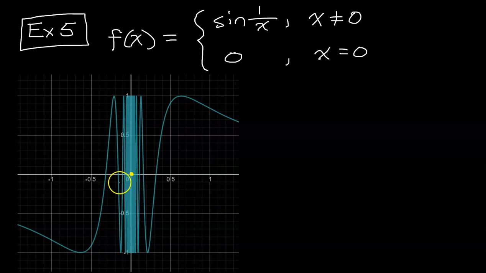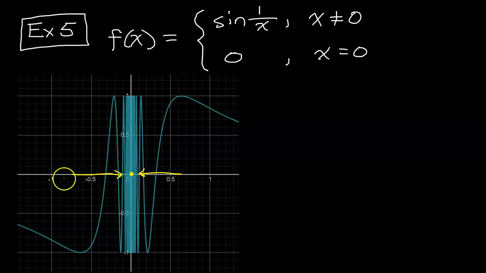Remember that in order for a function to be continuous at 0, the limit as x approaches 0 from the left has to equal the limit as x approaches 0 from the right, and then both of those limits have to equal the value of the function at 0.